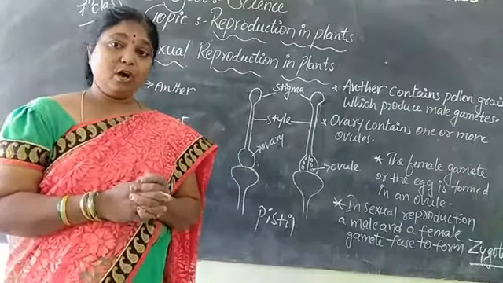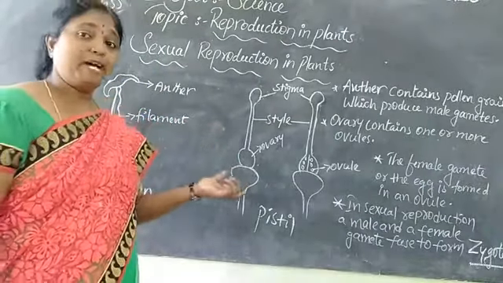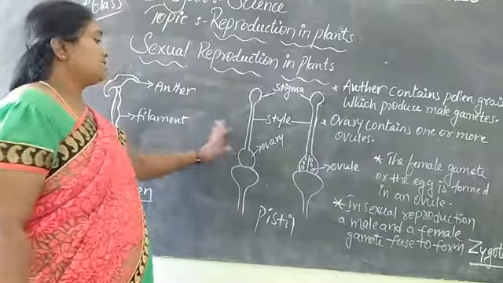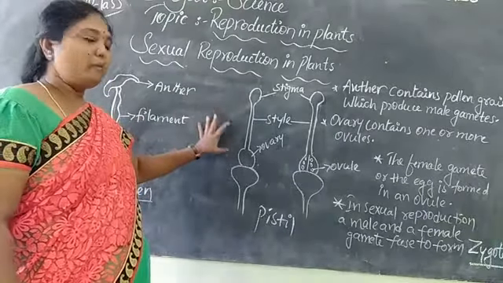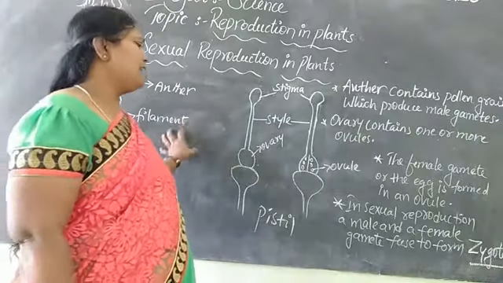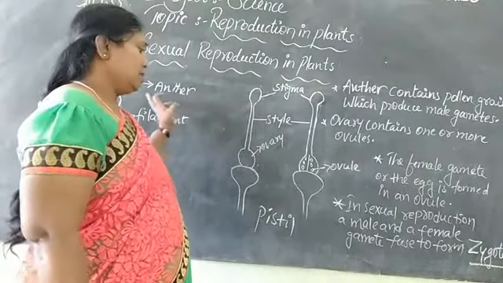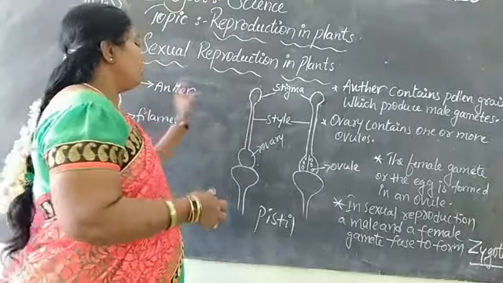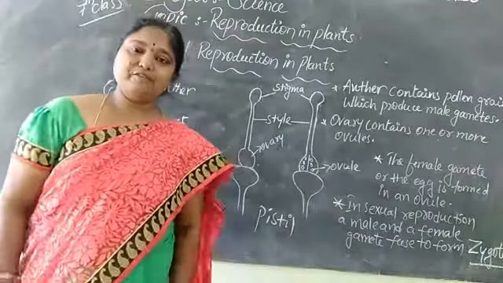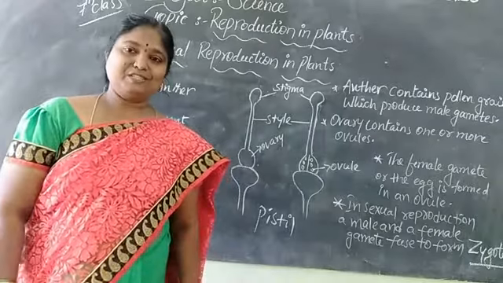So it's very important. What do you mean by the zygote? One is the male and one is the female. If the male and female gametes fuse, they form the zygote.